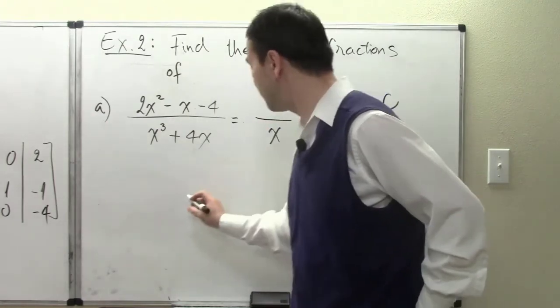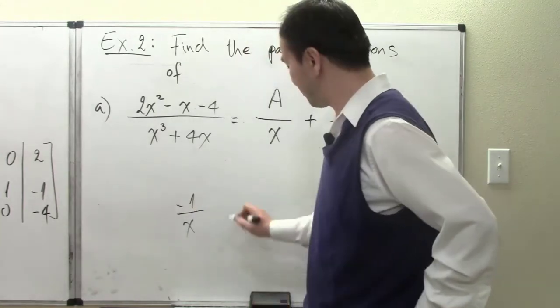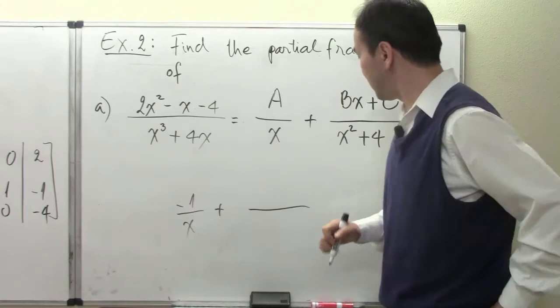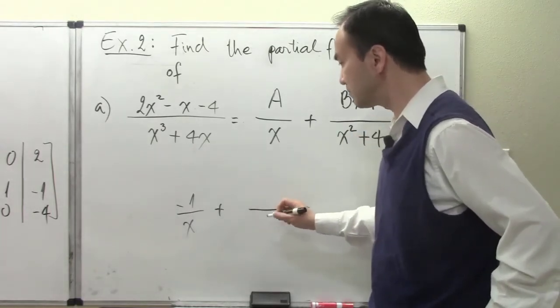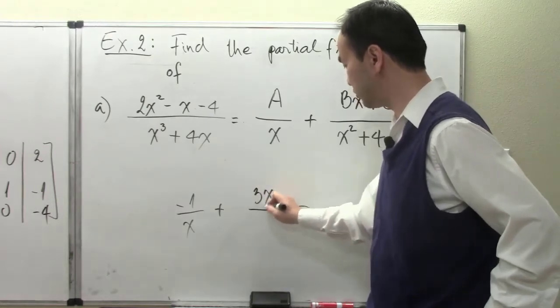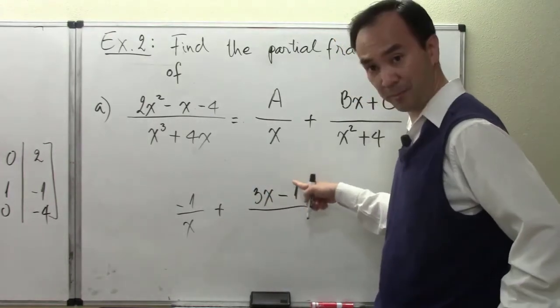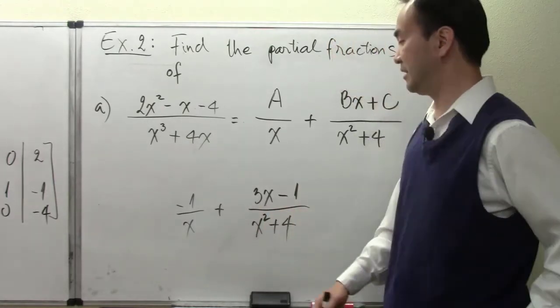So my first term becomes minus 1 over x, plus, and now with this linear on top of our irreducible quadratic, we're looking at 3 for B, so 3x minus 1, because C equals negative 1, over x squared plus 4. And now we are done.